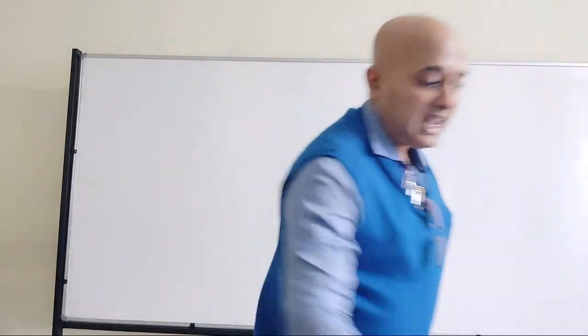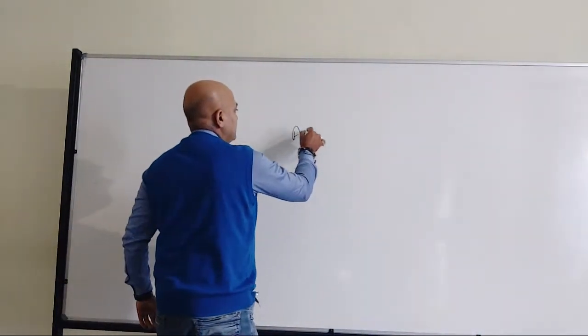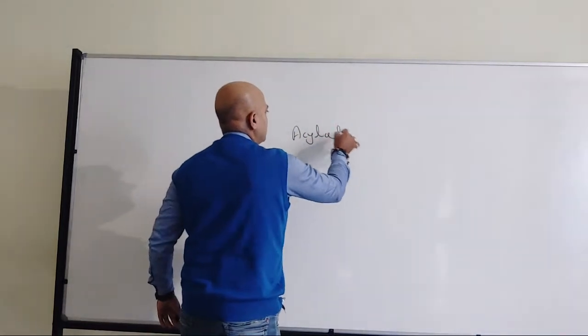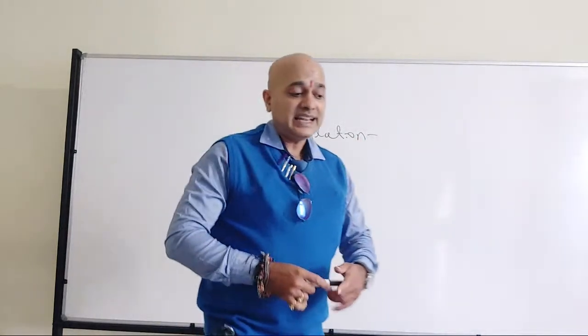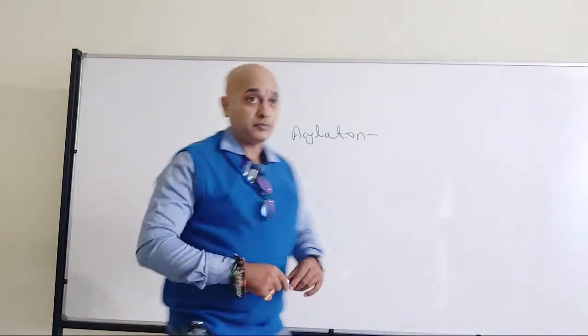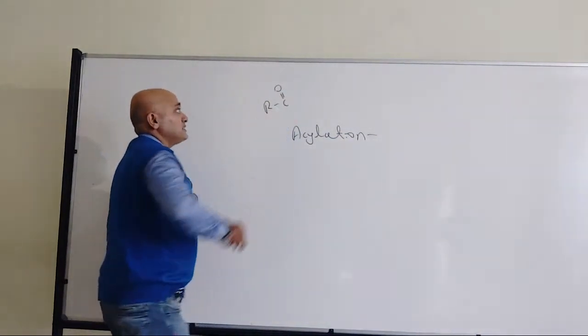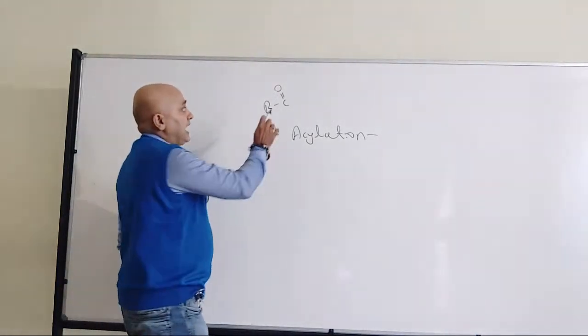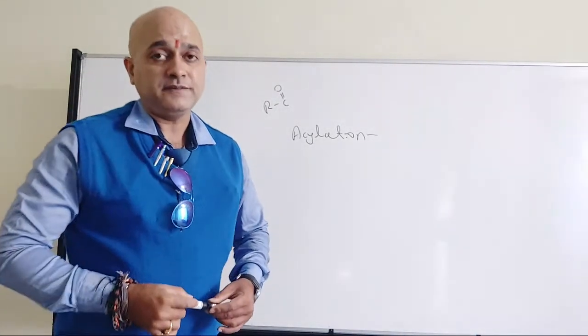So we will move to the next one. That is acylation. Alkylation is different. Acylation is different. Right? So alkylation means addition of alkyl group. Acylation means addition of acyl group. This is nothing but acyl group. Adding this one, that is nothing but acylation.